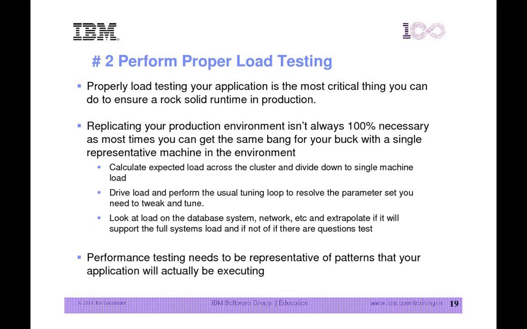Ideally, you need a production-like setup, but I understand you cannot have the same kind of hardware for your performance test. So you can do the performance test on a subset of your production setup. You can scale down the environment and do the performance test.